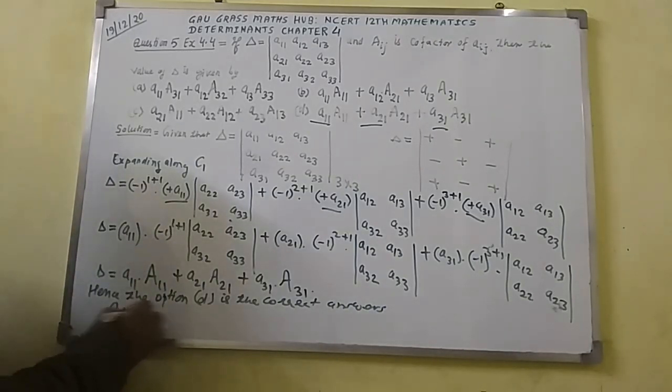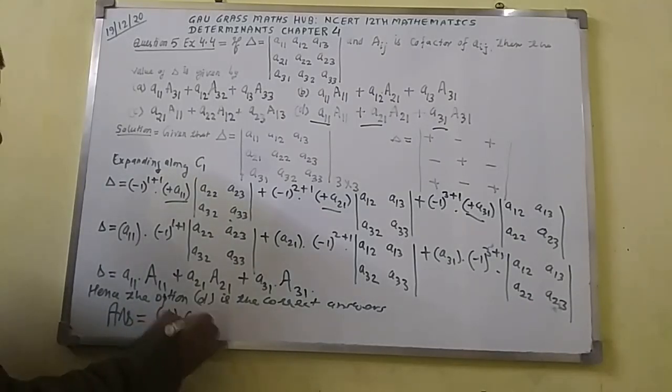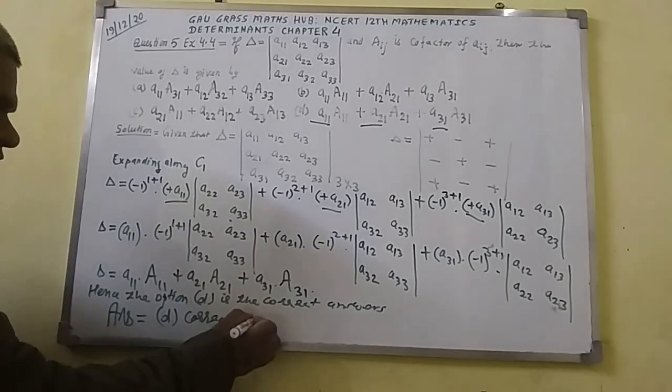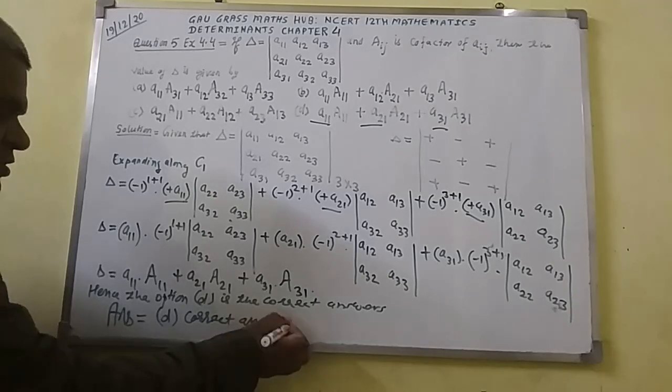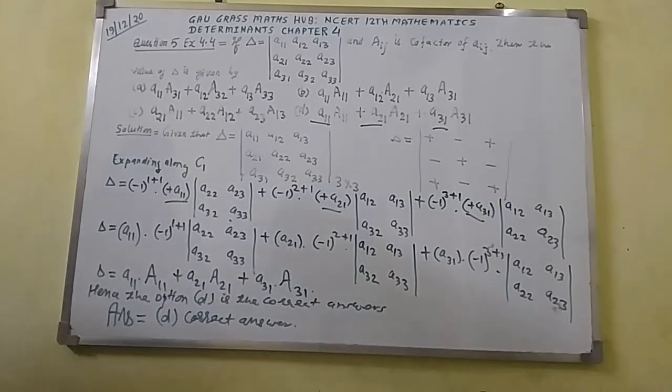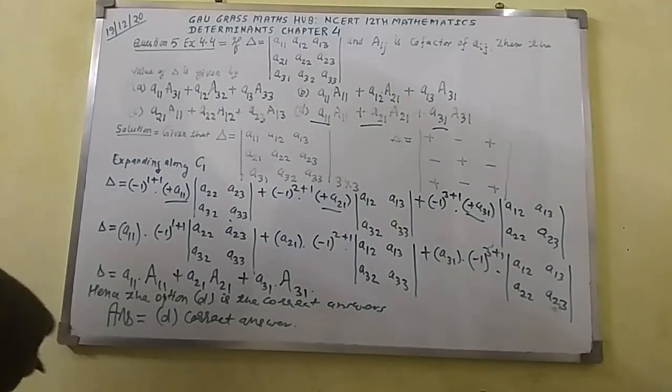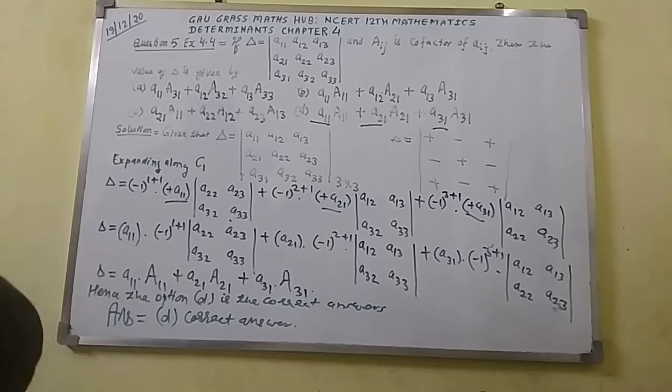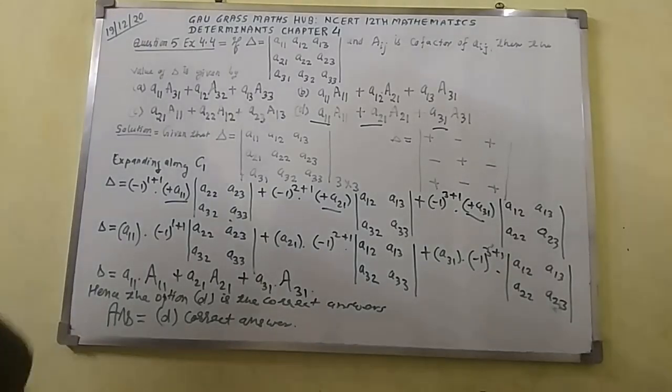Here I shall write answer equal to correct answer. This is the proper solution and explanation of question number 5, exercise 4.4, chapter 4, determinant, NCERT 12 mathematics. Okay guys, thanks.